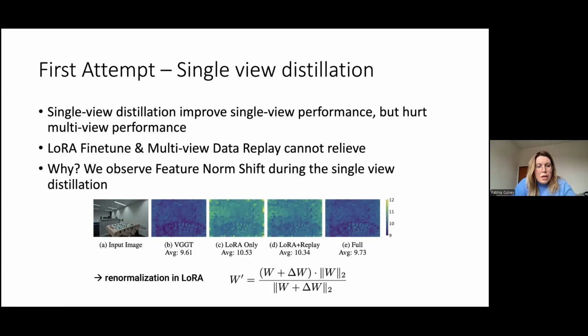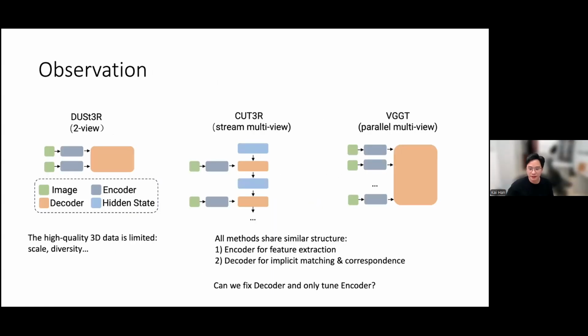I see. And also, this design choice to freeze the decoder and focus on the encoder, why not the other way around? The reason is we actually experimented with this already, and we thought about it carefully and found that the decoder is in charge of making the predictions for the camera pose, or the depths, or the XYZ map and things like that.